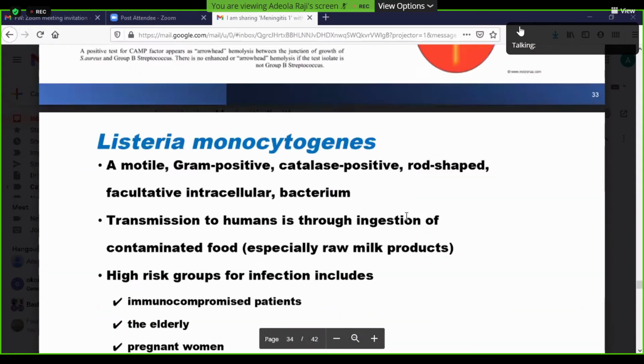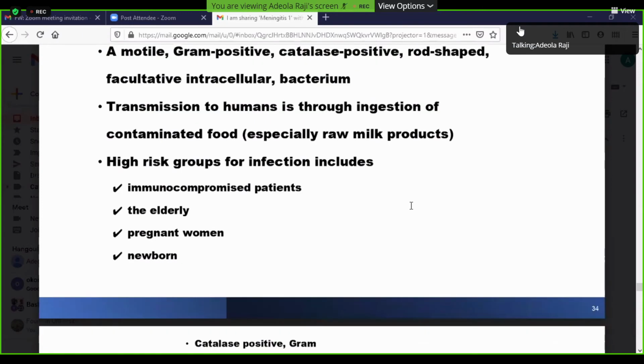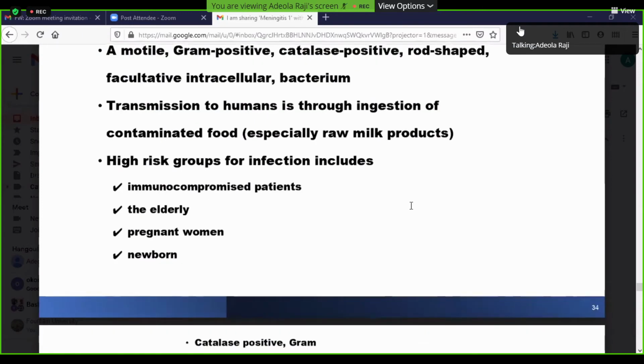Listeria monocytogenes is a motile, gram-positive, catalase-positive, rod-shaped, facultative intracellular organism. Transmission to humans is through ingestion of contaminated food, especially raw milk products. High-risk groups for infection include the immunocompromised patient, the elderly, pregnant women, and the newborn.